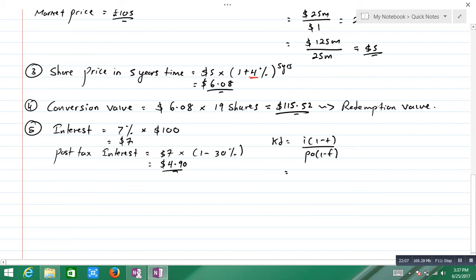We calculated 105 earlier. 4.9 over 105 times 100, you get 4.67. But remember, this is not the final KD answer. This is redeemable, so we need to calculate the IRR. This is why I'm calculating this: if you still remember, we will find the best discount factor to start our NPV to find the IRR, basically the KD at the end of the day.